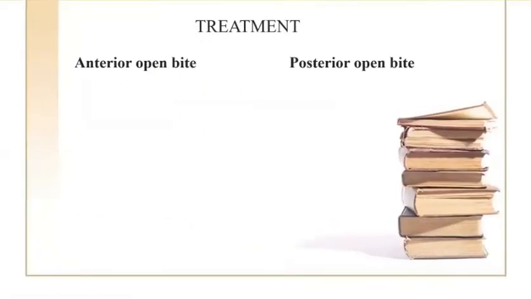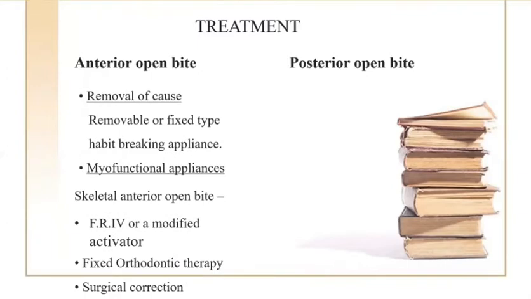Coming to the treatment of anterior open bite: removal of the cause, and a removable or fixed type of habit breaking appliance can be given, followed by myofunctional appliances. If it is skeletal anterior open bite, FR4 or modified activator can be given, fixed orthodontic therapy can be done, or surgical correction should be done.